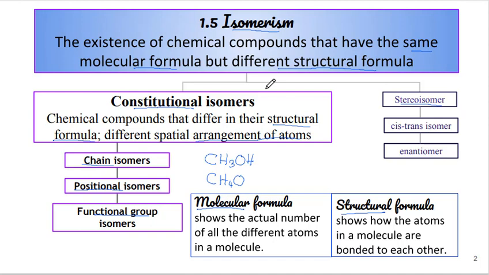So you must know that this is the molecular formula for alcohol lah. Okay, kalau structural means we show the bonds. Okay, how the atoms are bonded to each other. So you have 3 hydrogens bonded to the carbon, and you have 1 OH lah. Okay, so I hope you are clear apa perbezaan molecular formula dan structural formula.